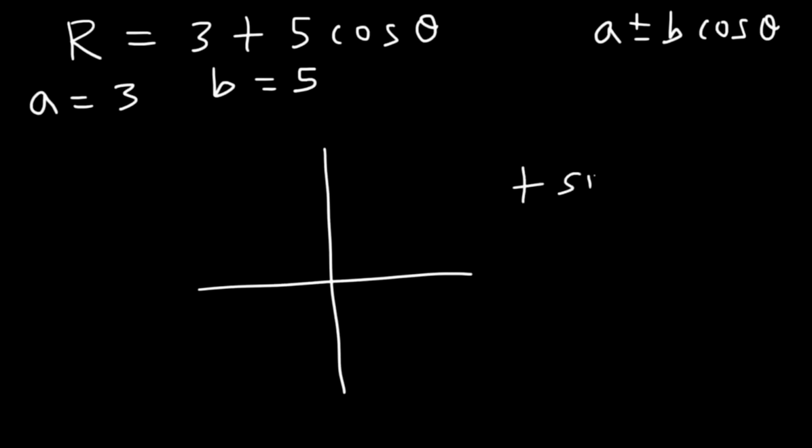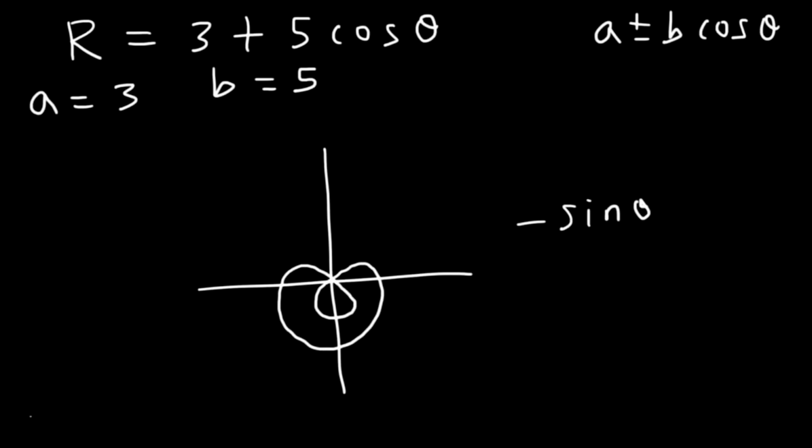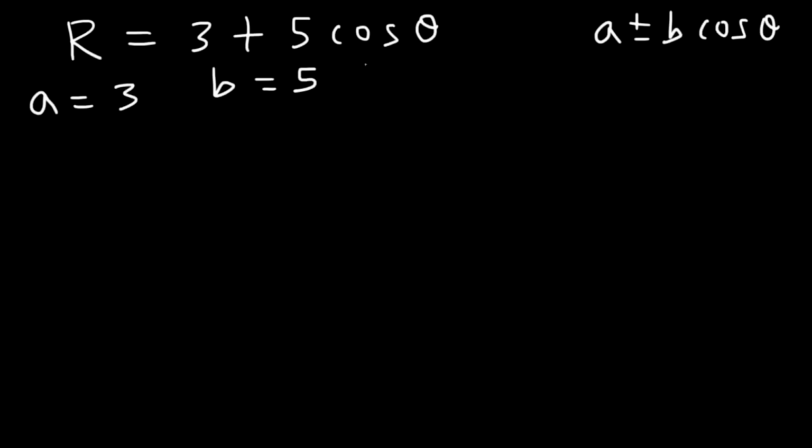If it's positive sine, then it's going to open in the positive y direction. And if we have negative sine, it's going to open towards the negative y direction. So just keep that in mind. That's the first thing that you look for. So we have positive cosine, which means it should open towards the right side.